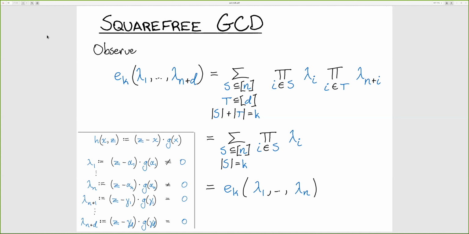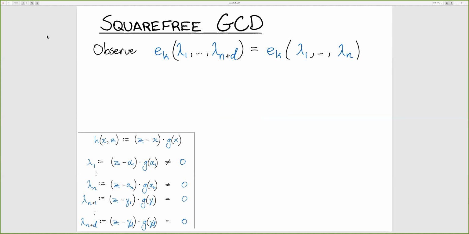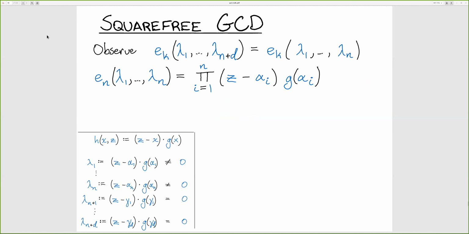Now, actually, we know everything we need to compute the GCD. I just need to rearrange things a little bit and clean it up. Okay, so here's the thing. Suppose we knew what n was. Suppose we knew the number of roots that f has that are not common with g. Well, if we knew that, what is this elementary symmetric function?